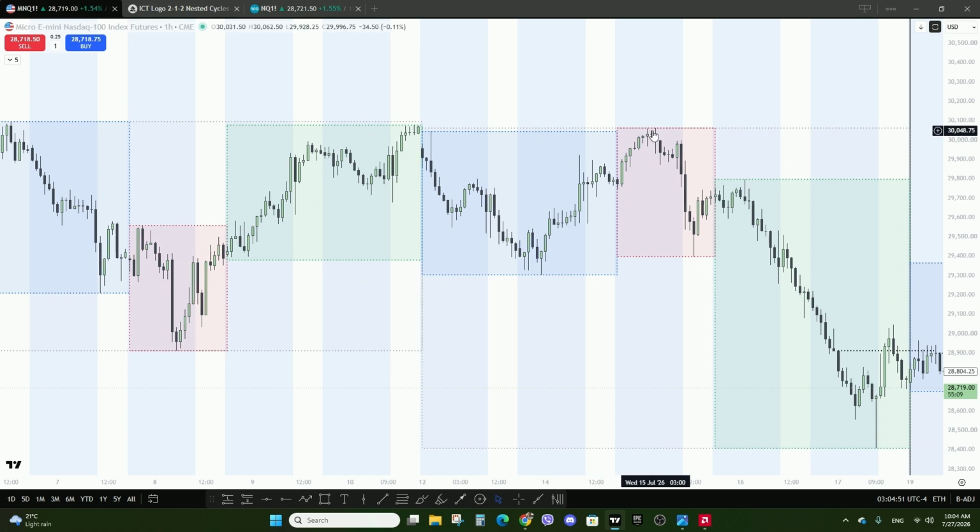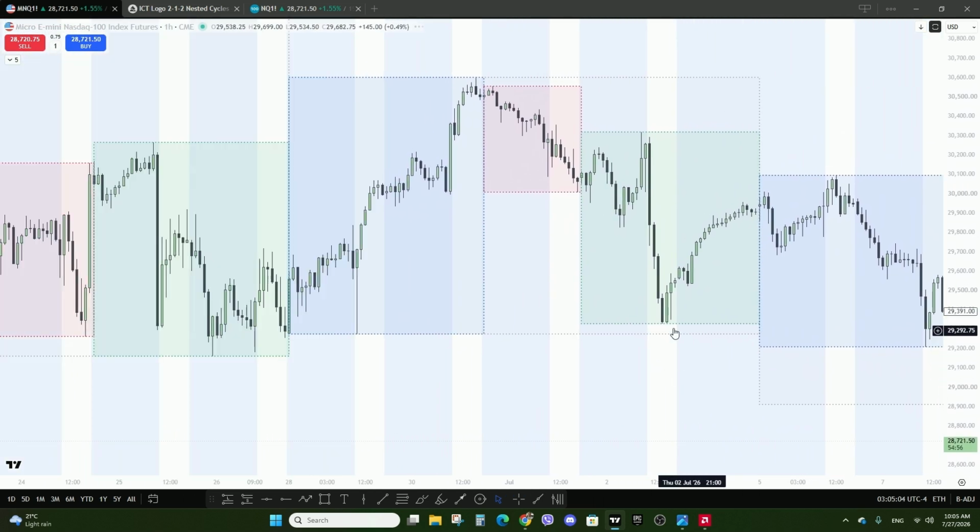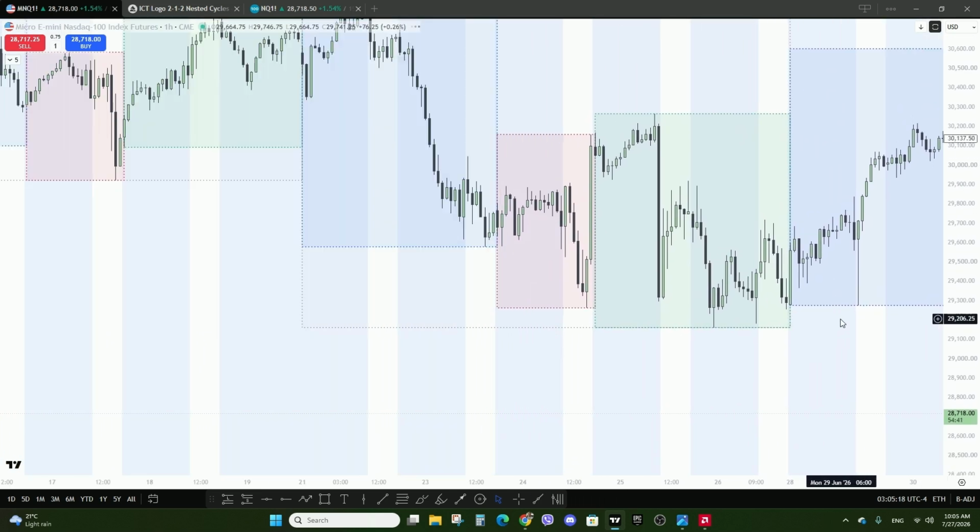What is that? Wednesday at 3 o'clock during London. Week before, low of the week forms Wednesday, 5 in the morning during New York. Week before, high of the week forms on Tuesday, 3 p.m. So right before we enter manipulation phase, and then we just drop. Okay, moving on.